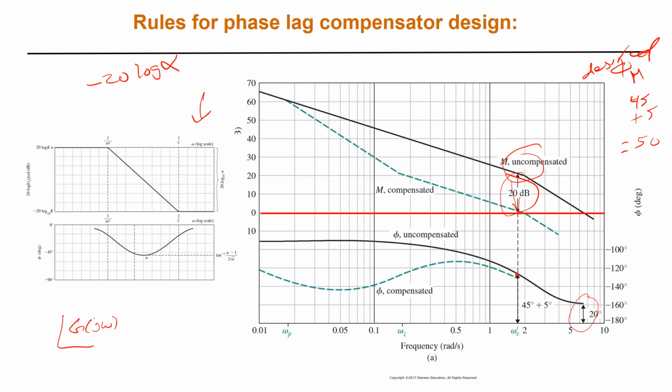The compensator will give me minus 20 dB, added to the 20 dB, so you are forcing this to go to 0. Is it clear? Any question here?